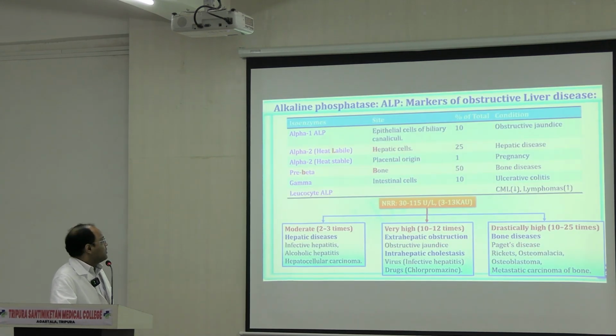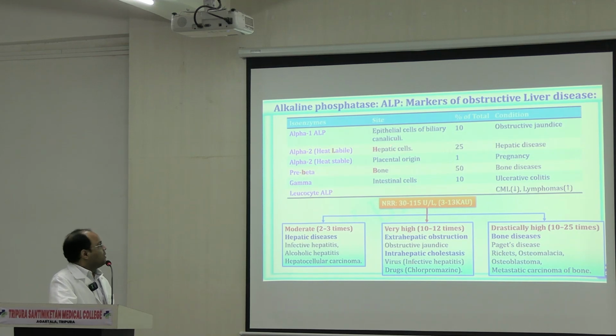Alkaline phosphatase. Alkaline phosphatase has 1, 2, 3, 4, 5, 6 isoenzymes if we separate them in electrophoresis. Alkaline phosphatase 1 is secreted from the biliary epithelial cells of the biliary canaliculi.